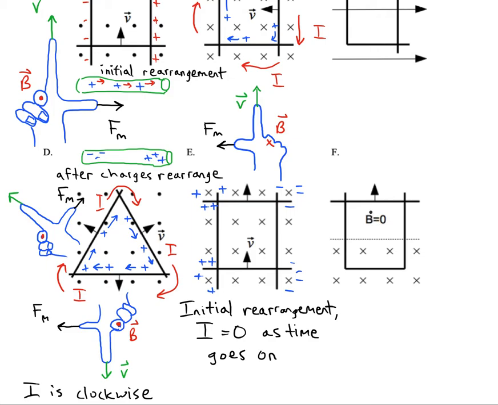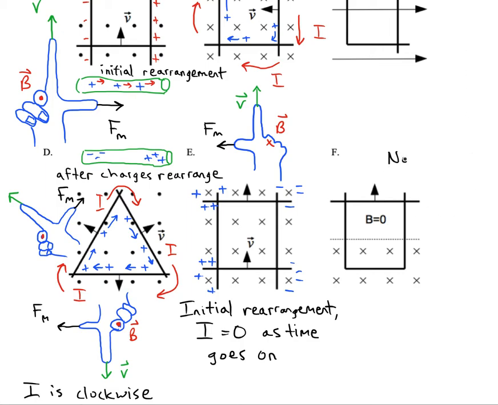What about this situation? We've got a loop, so there could be a current if the conditions were right. And half of our loop is in a magnetic field, but this wire is in a place where the magnetic field is zero. So what will happen in this situation?